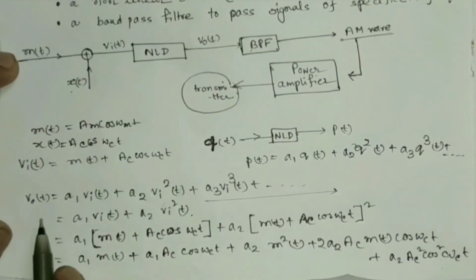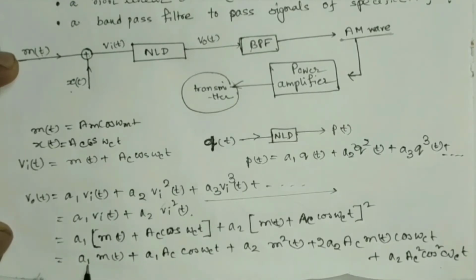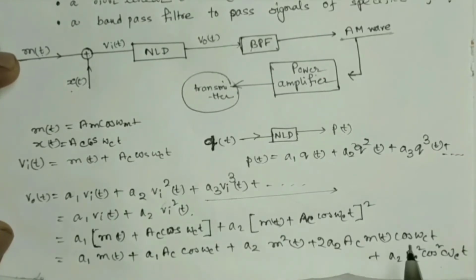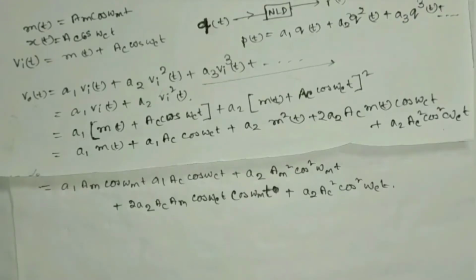So we have VO(t) equals a1 m(t) plus a1 Ac into cos omega c t plus a2 m square t plus 2 a2 Ac into m(t) into cos omega c t plus a2 Ac square cos square omega c t. Now after replacing the value of m(t) by Am cos omega m t, we are getting this equation.